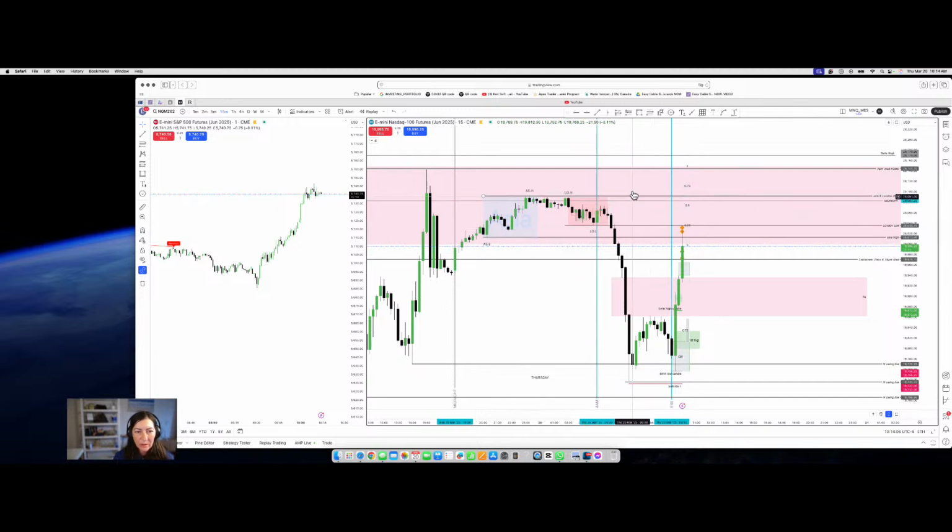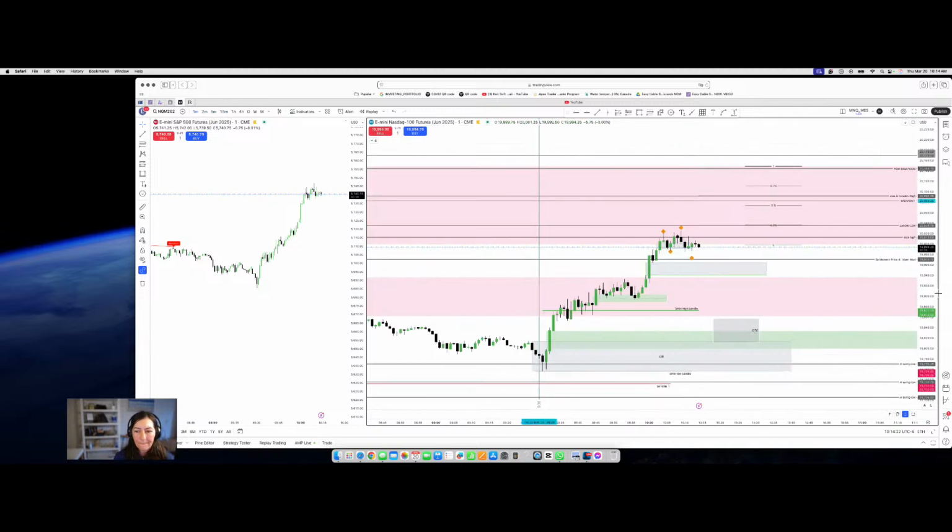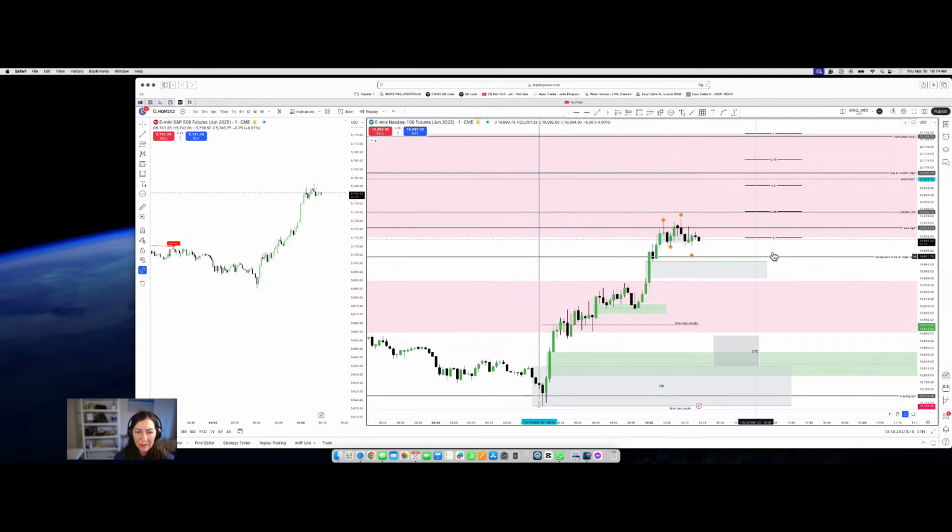But this could be where price wants to go. And that would take us to midnight, and it would also take us to just above the 50% of this hourly SIBI. Consolidation here.